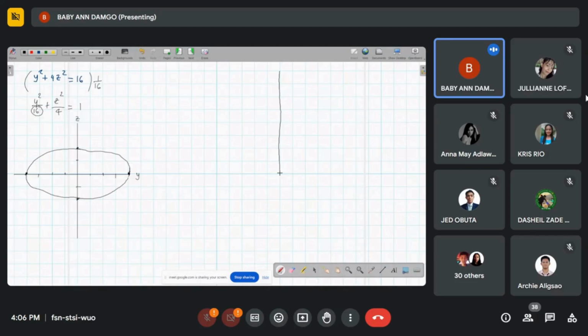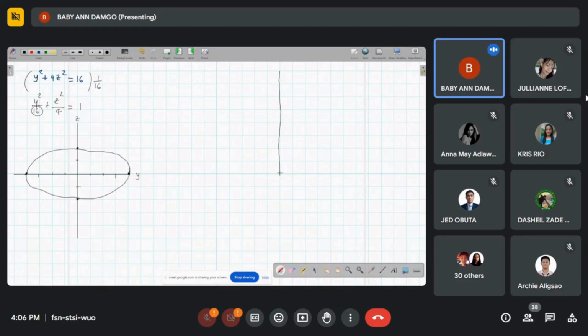Okay. So this is when x is 0. So pwede ta maka-create diri here or pwede ra sa diri nga side. Anila ta sa positive na. So pwede ta here sa x is equal to 4. So sa ni 1, 2, 3, 4.